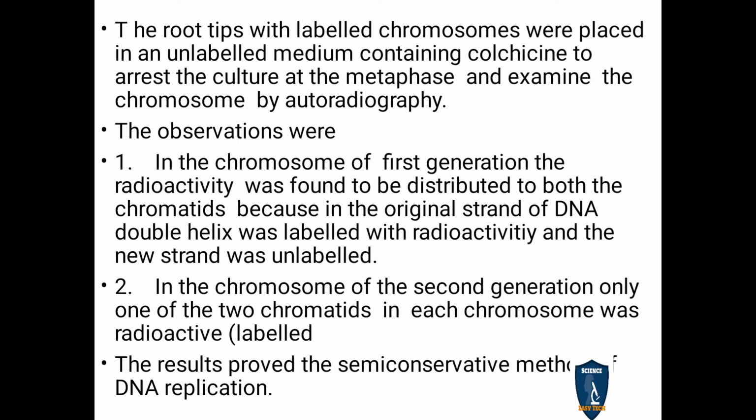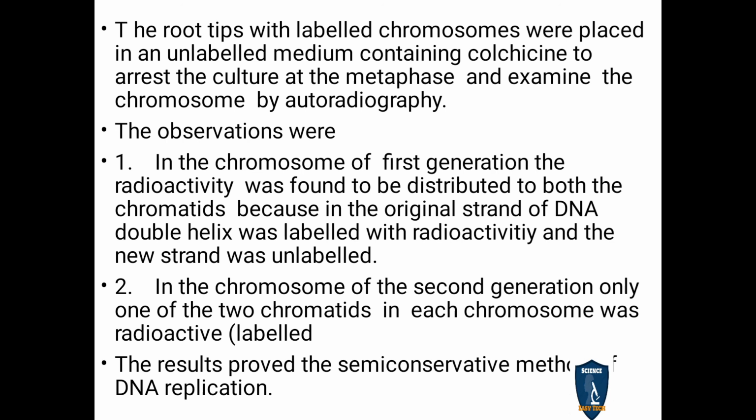So the root tips with labeled chromosomes were placed in an unlabeled medium containing colchicine. Why colchicine? To stop the cell division in metaphase. So they used the colchicine and took the chromosomes on an autoradiography plate.